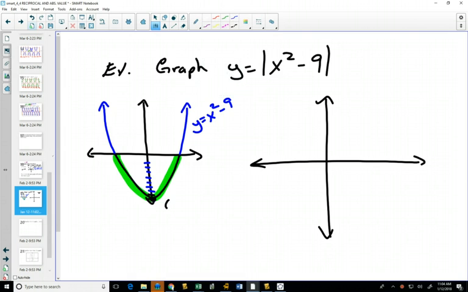Here we have a nice point like 0, negative 9. If you did the absolute value of that y-coordinate, where would it go? To 0, positive 9. So we're going to need to know where our x-intercepts are. In this case, they're at 3, 0, and negative 3, 0.